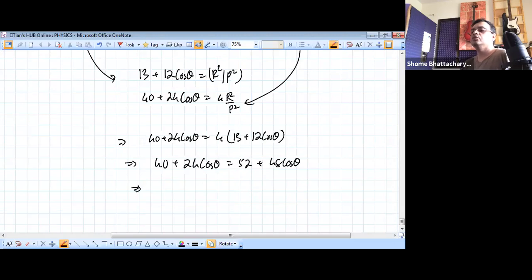So take the 52 to, take the 40 to that side and bring this side. So minus 24 cos theta will become 52 minus 40, so that's 12. So cos theta is minus half.